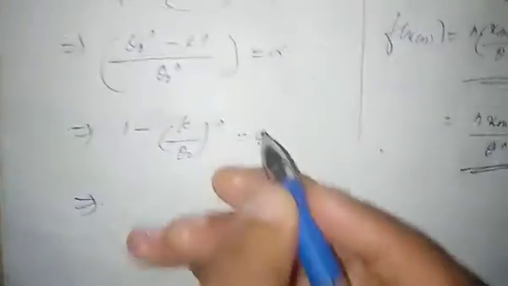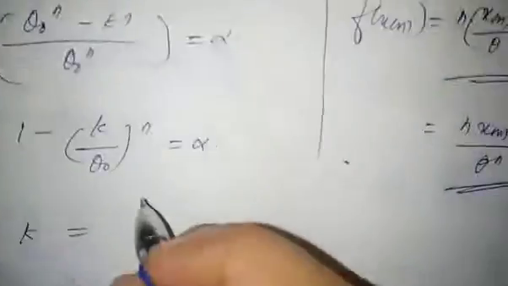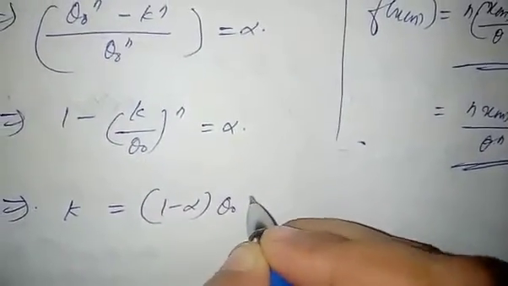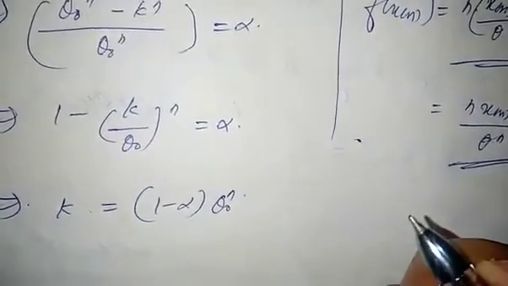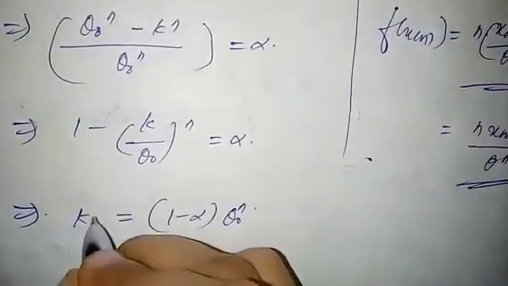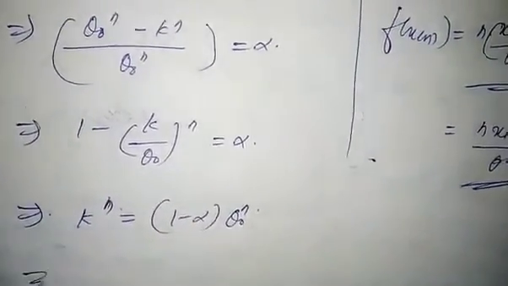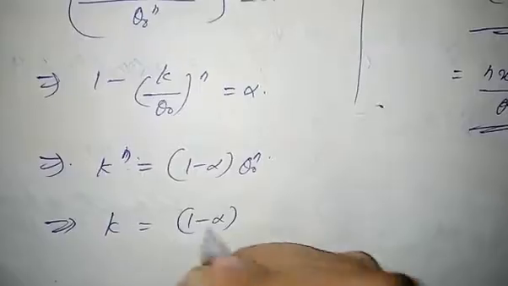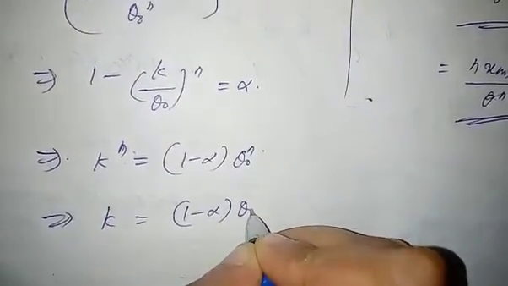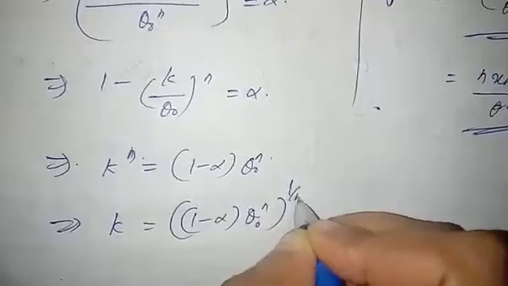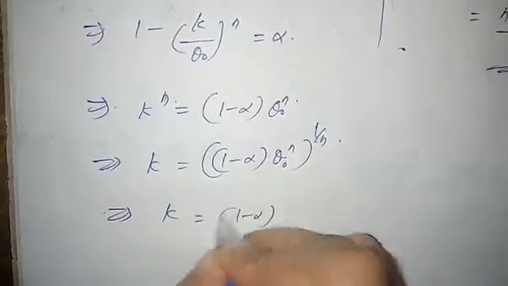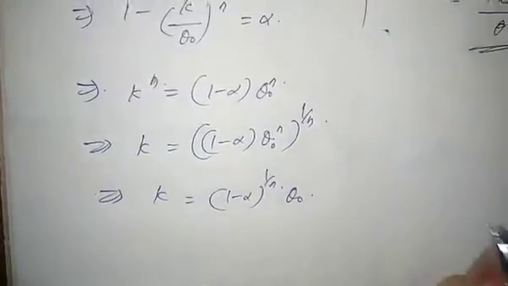But here we need to obtain the value of k, right? Which implies k equals what? 1 minus alpha, to the power 1 by n, times theta naught, which implies k equals 1 minus alpha power 1 by n into theta naught, right.